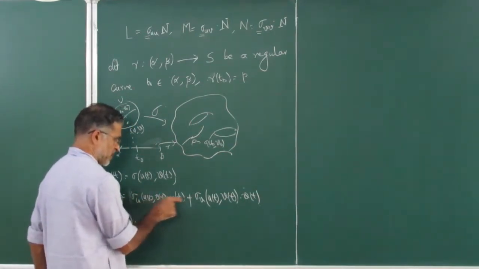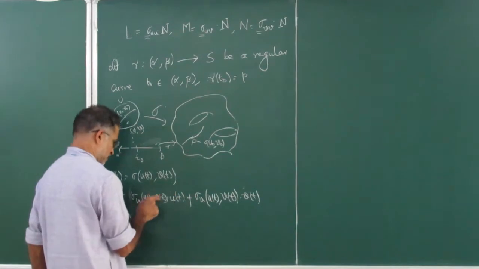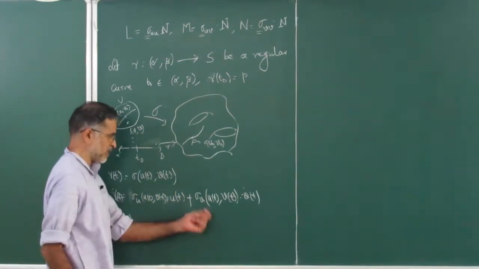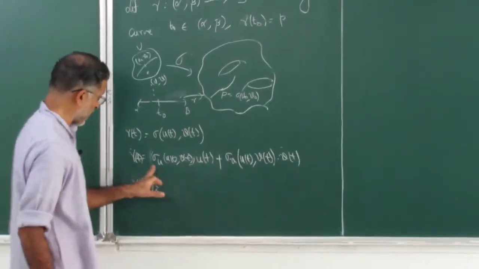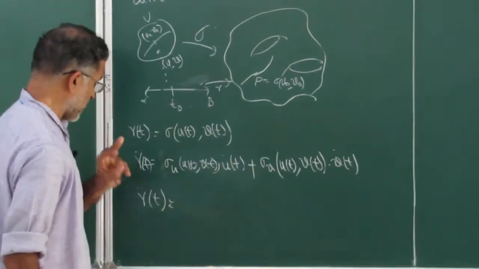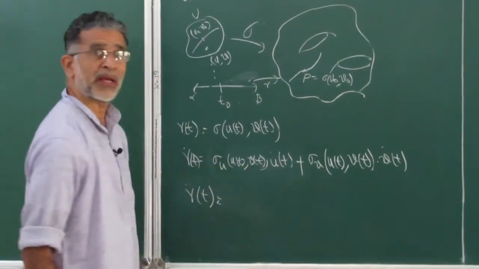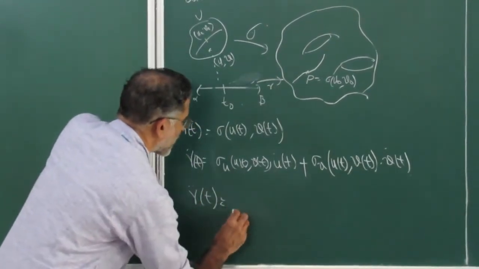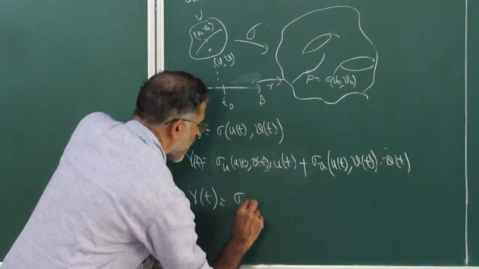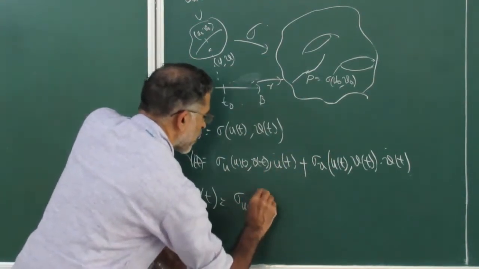Now gamma double dot t is, of course, product, chain rule. So derivative of this into this plus this into the derivative of this, and so is here. So what is the derivative of this? This is very important. Sigma has two component functions u and v. So you have to do both. So first sigma u, you differentiate with respect to u. So you get sigma u into u dot t.